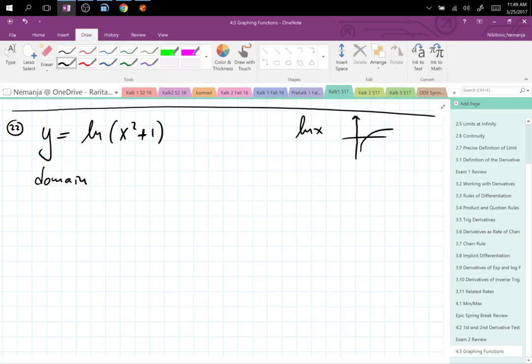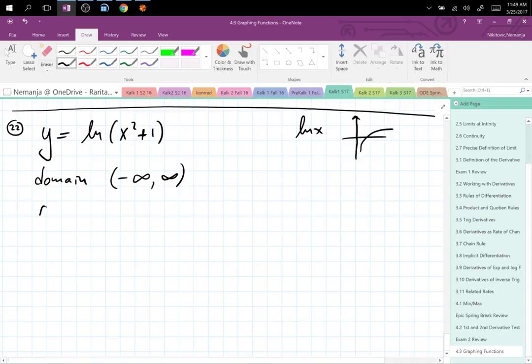Everything works, right? You say negative 1 doesn't work? Well, it does. When you square it, you get 2, so it's ln 2. It seems that every single value works. We just fix it. So negative infinity to positive infinity.